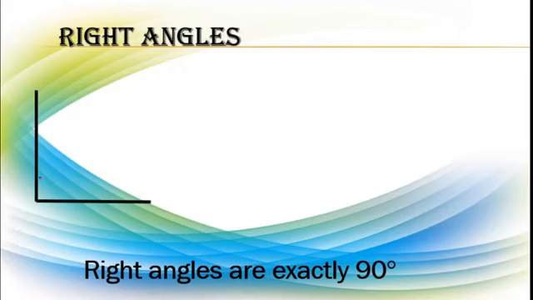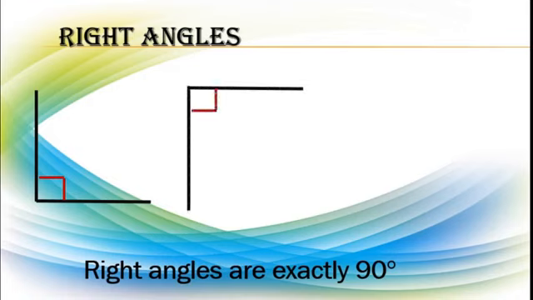This is a right angle. Right angles are exactly equal to 90 degrees. See this? You can see this also. This all shows that they have a 90 degree angle.